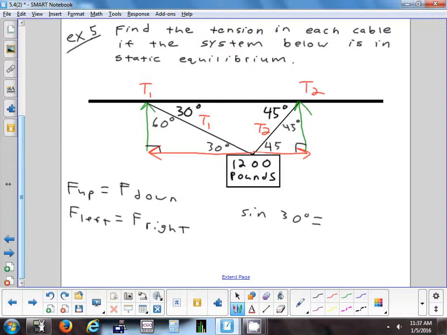Now, I've got to give some kind of name to this thing in green. What do you think would be a good name to give it? U for up. U for up? All right, so let's call it up 1 and up 2. Okay, so sine of 30 equals opposite over hypotenuse.